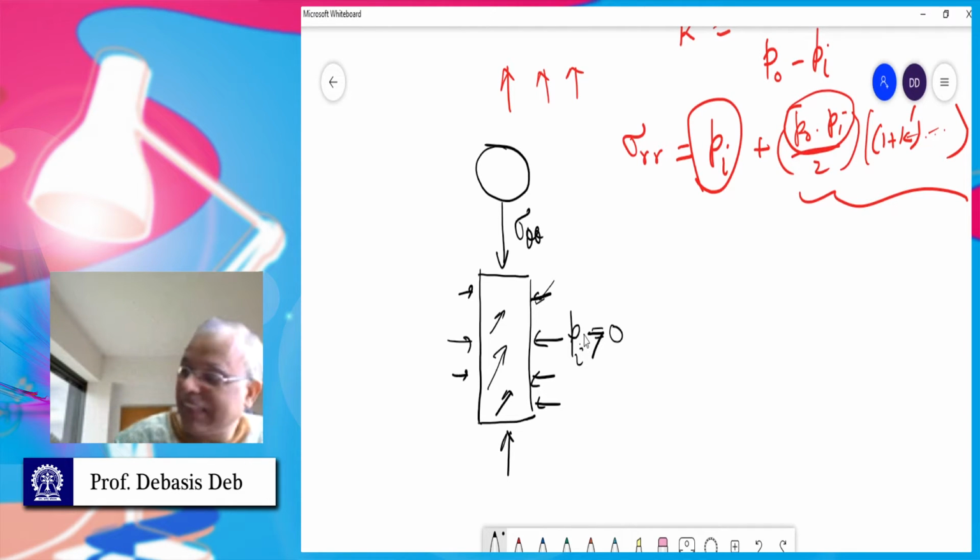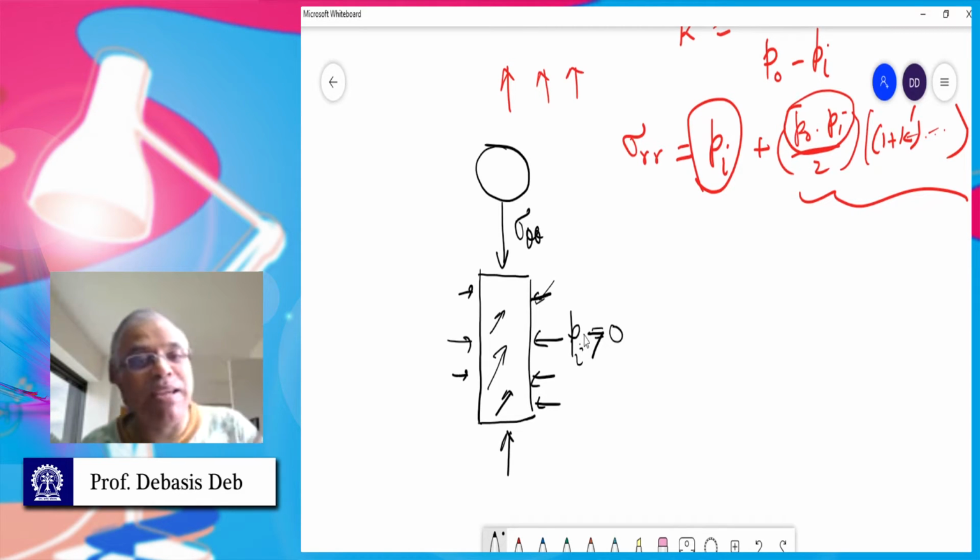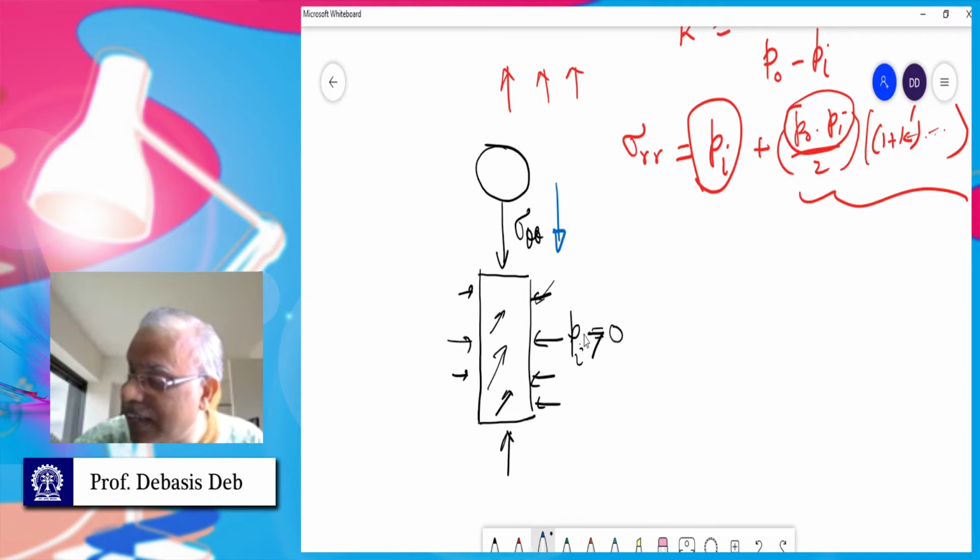So definitely then sigma theta theta will be much more to break it. Now while you are applying Pi, you have reduced it and you have increased it. So definitely you are in a safer condition. In both ways you are going towards safety.